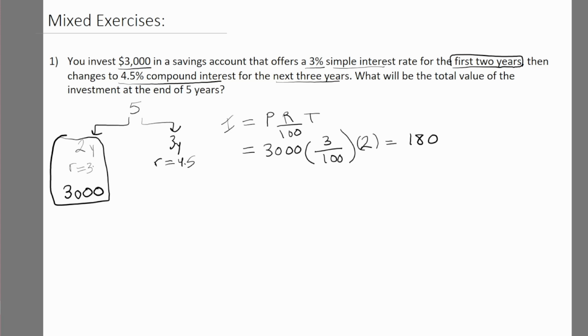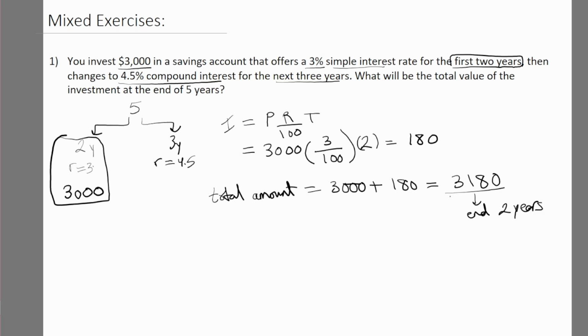So the total amount will be the original, which is 3,000 plus 180, and we get 3,180. So at the end of 2 years, we have 3,180.